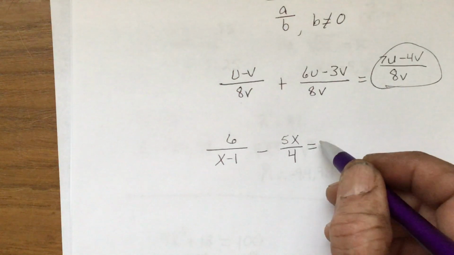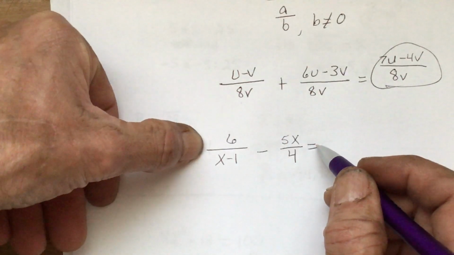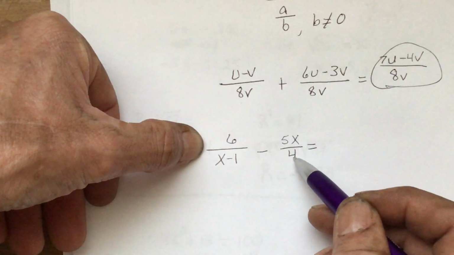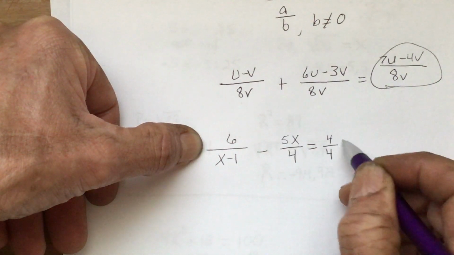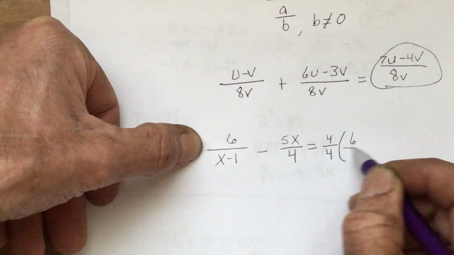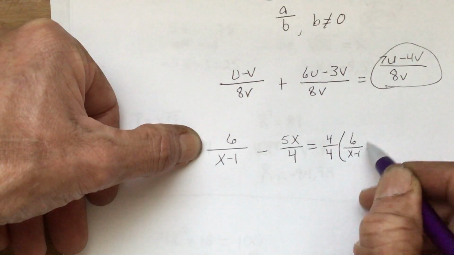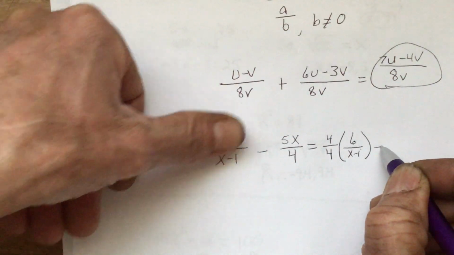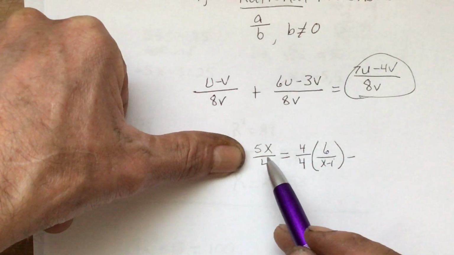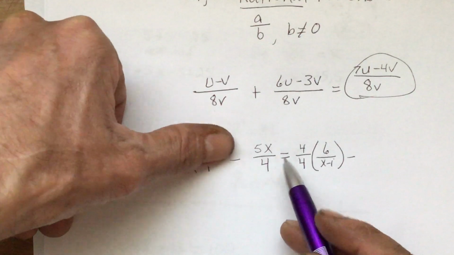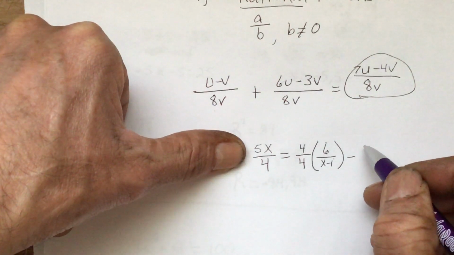For example, I'm going to start with this fraction. I need to multiply the top and the bottom by this. So 4 over 4 times 6 over x minus 1. Now this one, minus. For this one, I need to multiply the top and the bottom by x minus 1.